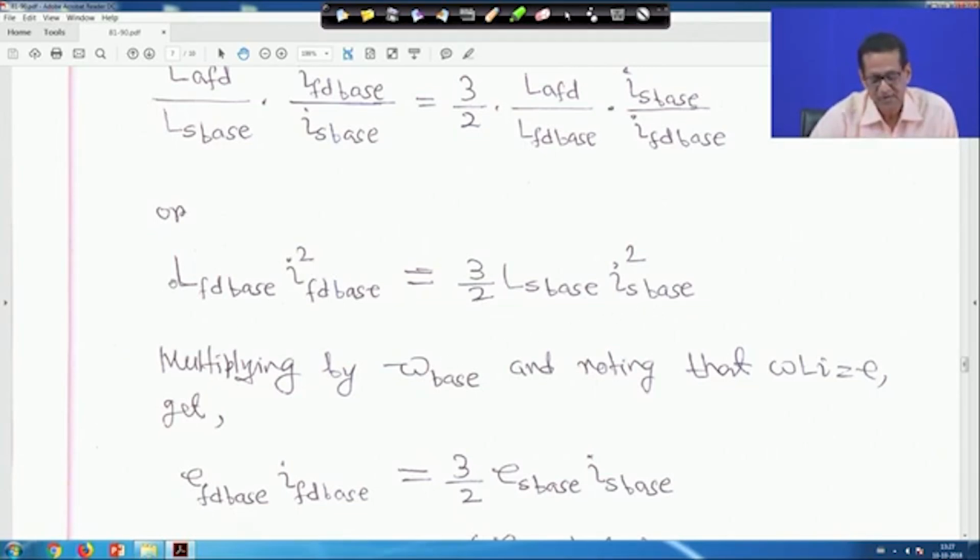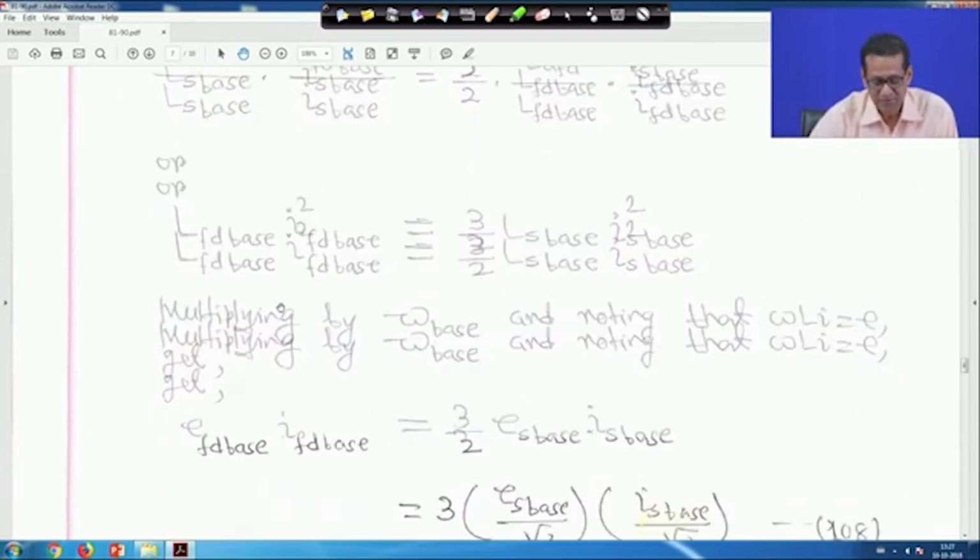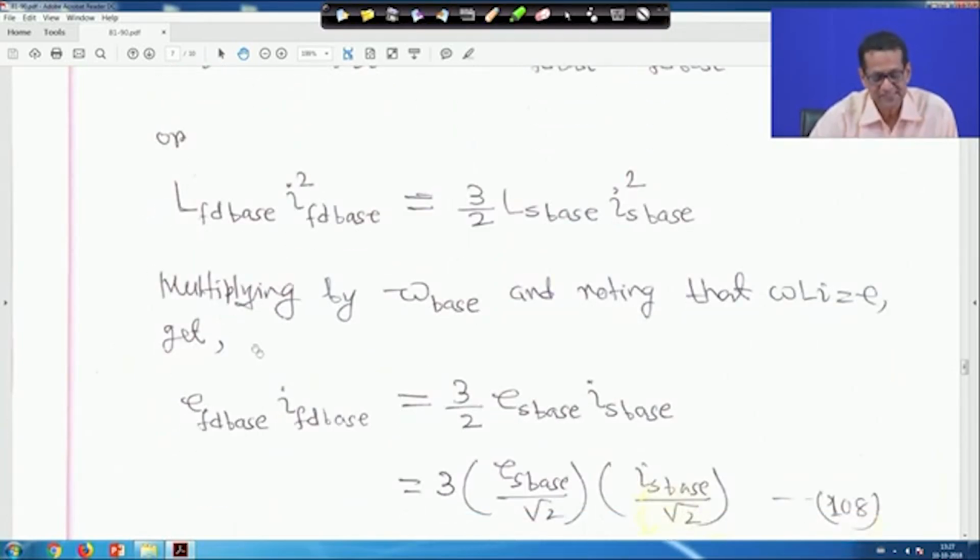So both sides you multiply by omega base. Same as before, on this side, omega base LFD base and IFD square, so into IFD base into IFD base. The first three terms will give you EFD base, so it will be EFD base into IFD base.